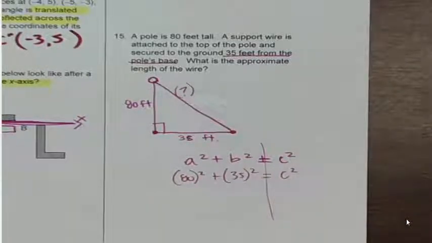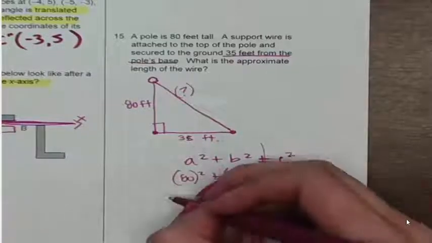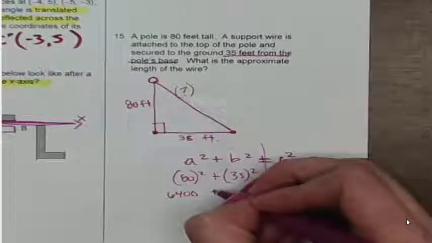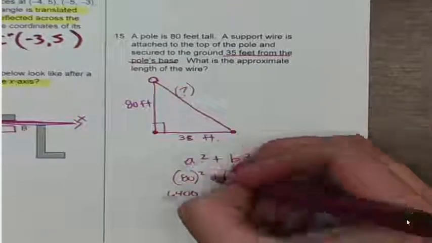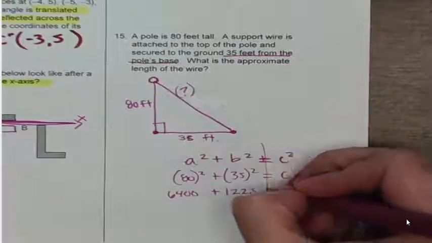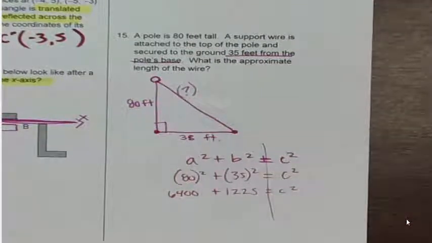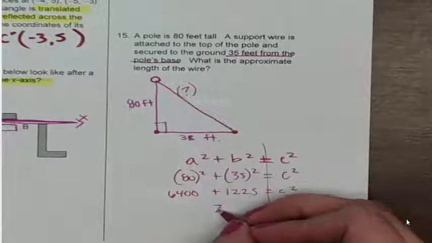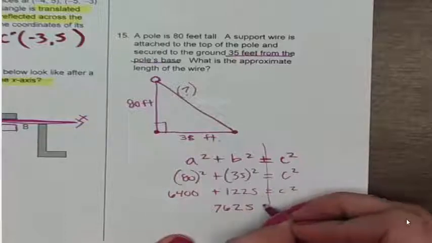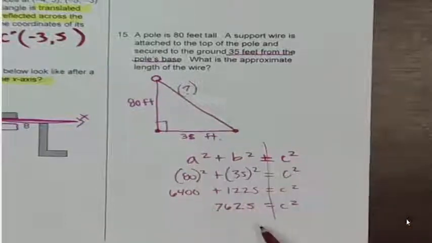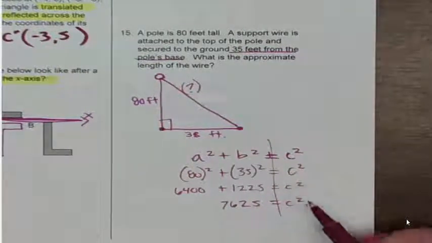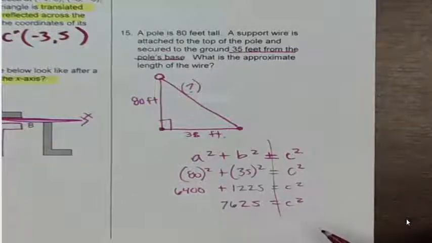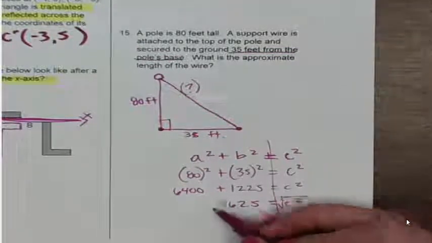I have to use my calculator because these aren't the things that we had to memorize, but 6,400 plus 35 squared, which is 1225, is going to equal c squared. I'm going to add those together, and I get 7,625 equals c squared. Now I'm trying to find c, not c squared. So what's the inverse operation of squaring? You should have said square rooting.